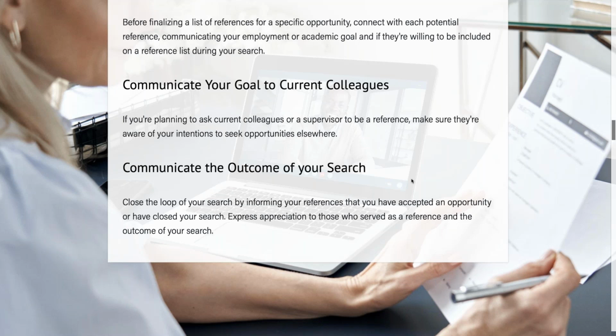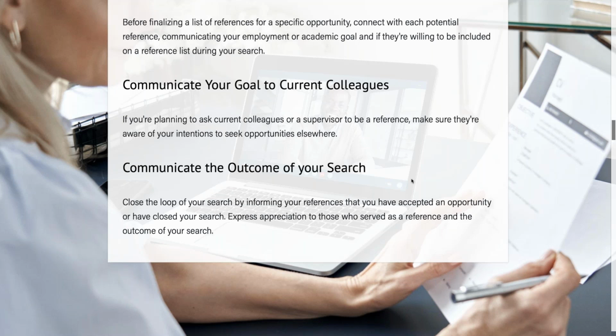When moving through any sort of hiring process, you're typically going to have references connected toward the end of that process. And that's typically one of the last steps that will be checked off the hiring officials' to-do list before moving candidates further along or communicating the outcome to those who are being considered for the position.